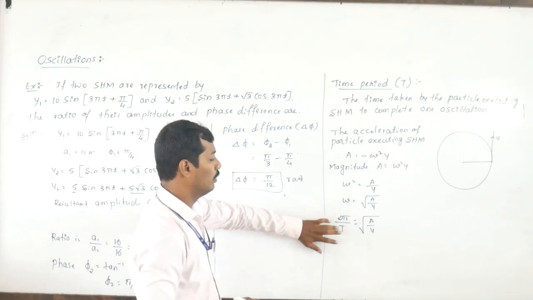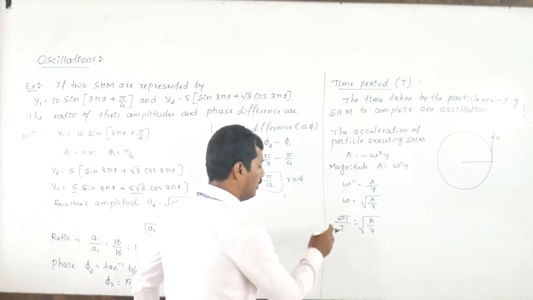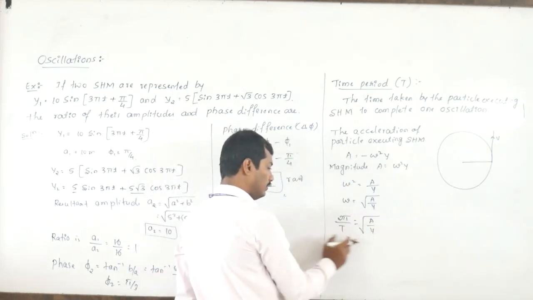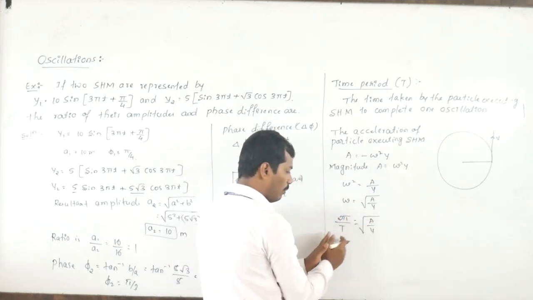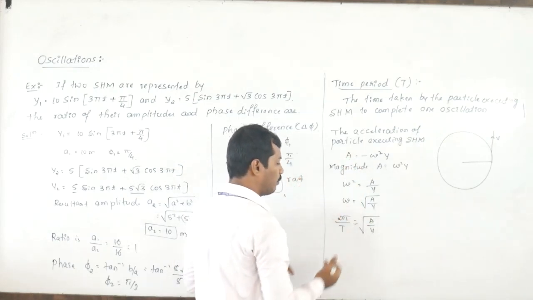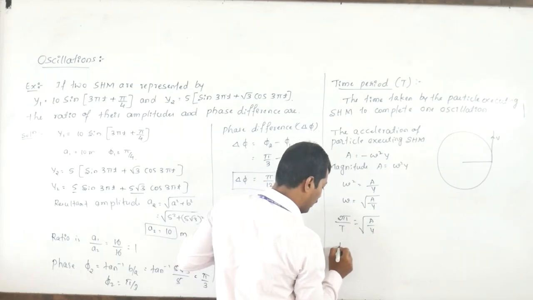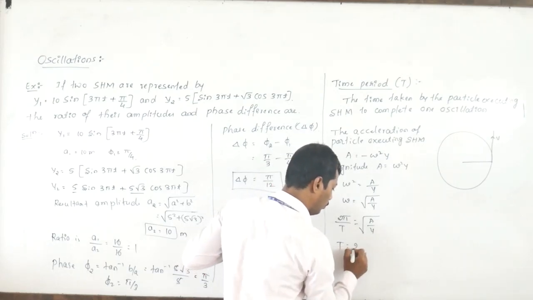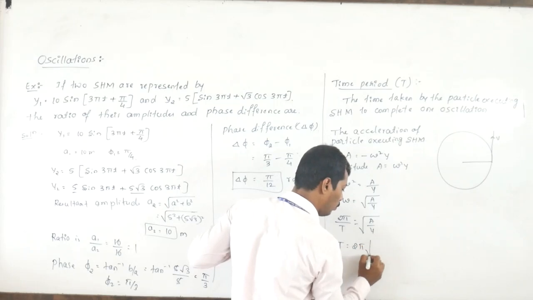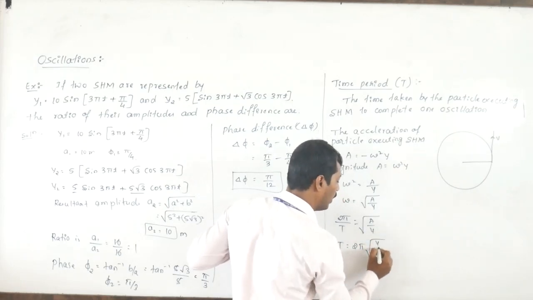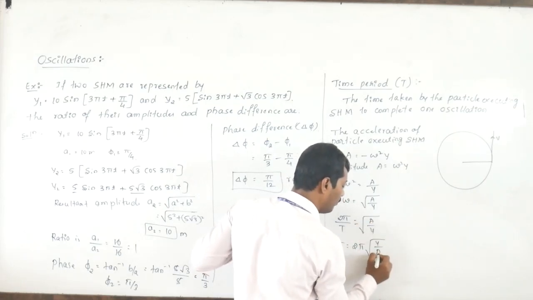We have to take the time period to the RHS, and this becomes the denominator on the LHS, so it becomes the reciprocal. The time period is equal to 2 pi times root of displacement in the numerator and acceleration in the denominator.